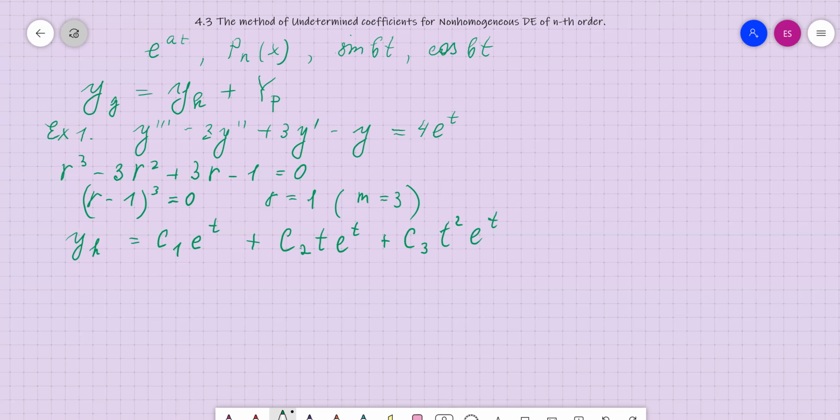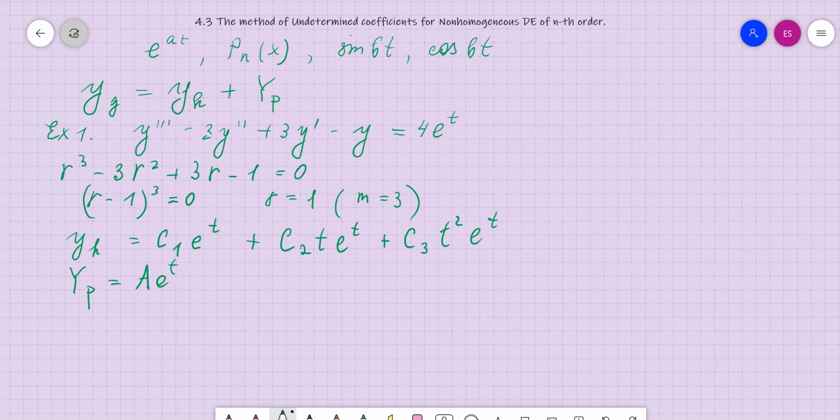As our homogeneous solution, now we are going to search for a particular solution. Well, as we see from the right side, the particular solution is supposed to look like a e to the power of t, right? But we already have a homogeneous solution, which is the same as this one. It's a constant times e to the power of t. It's not good because if you take this solution, because it's the same as homogeneous, plug it into the equation, because it's a solution of the homogeneous equation, it's going to be equal to 0.